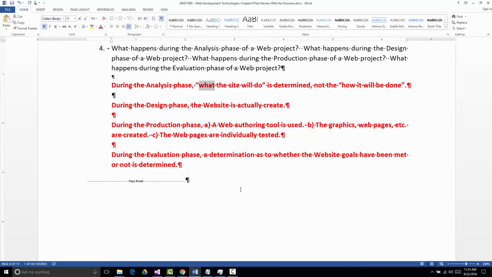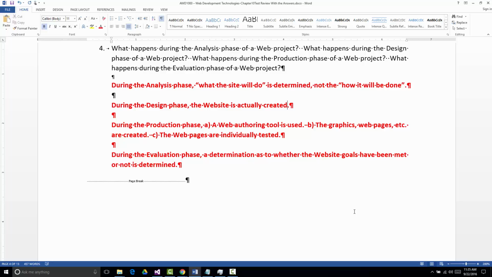During the design phase, that's when it's actually created. I think one of the questions is, in what phase is the website actually created? That's the design phase. I mentioned yesterday that quite often you come up with different designs just in case you have one and it doesn't work, but that's not on there. During the production phase, what are you doing? You're trying to put everything together.